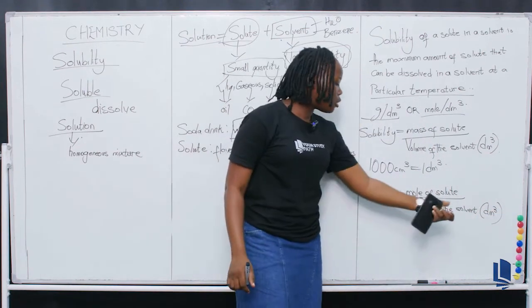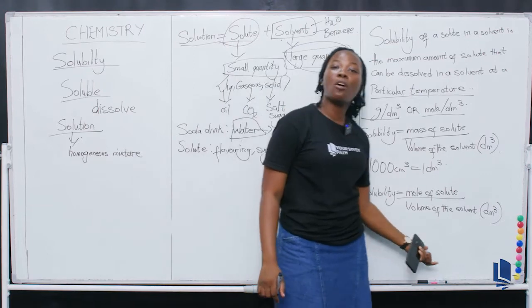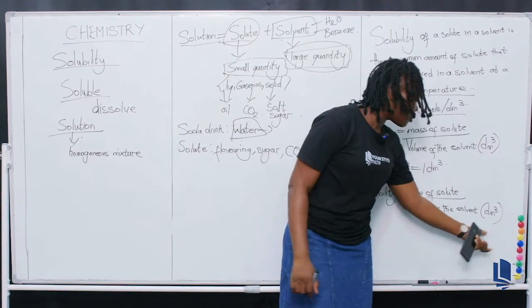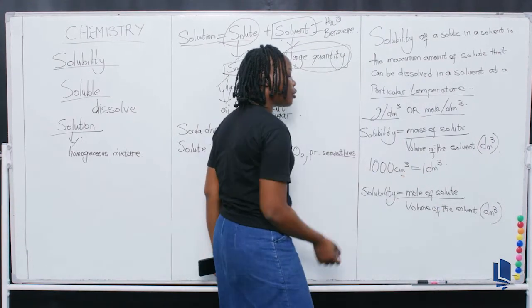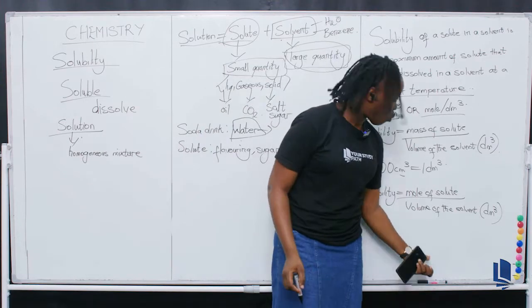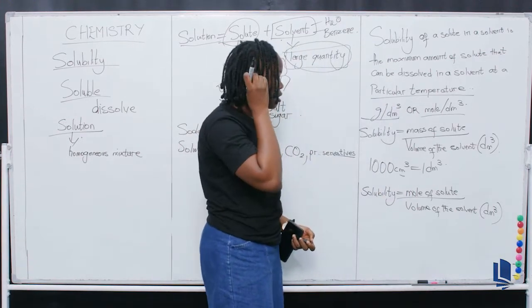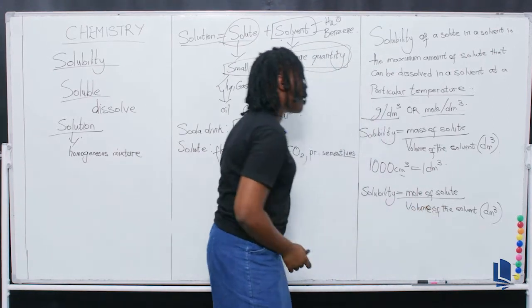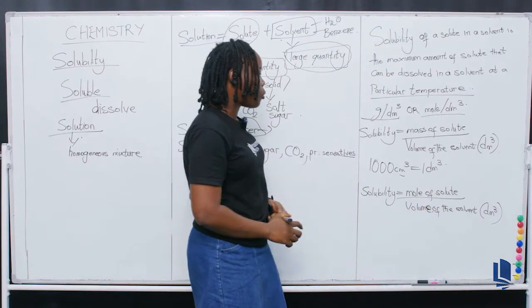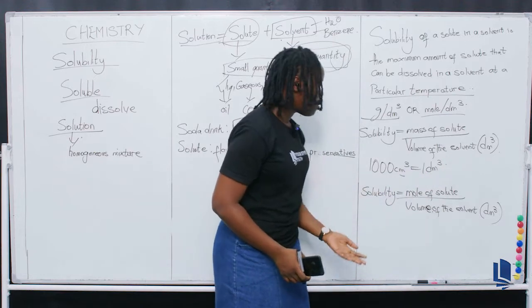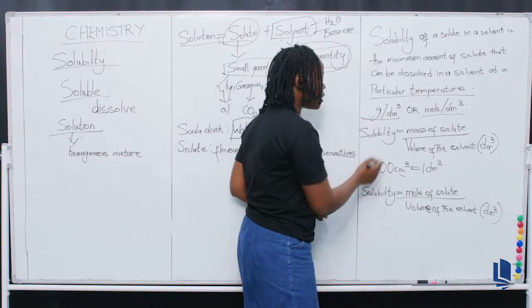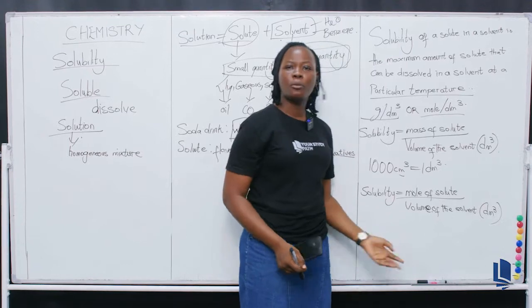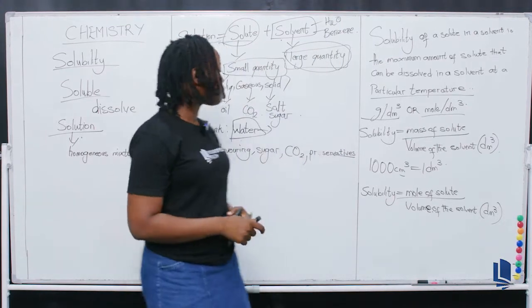The mole of the solute divided by the volume of the solvent measured in dm cube. And if you are given cm cube, you divide by 1000 in order to get the equivalent in dm cube. Now we all know the formula using gram per dm cube and mole per dm cube. Let's take a calculation question.